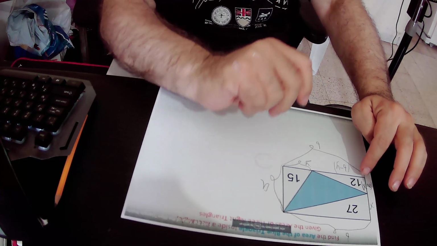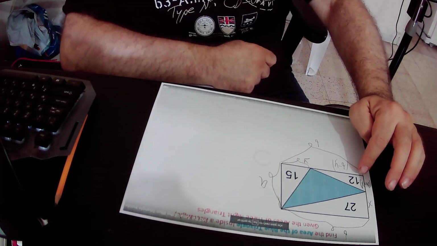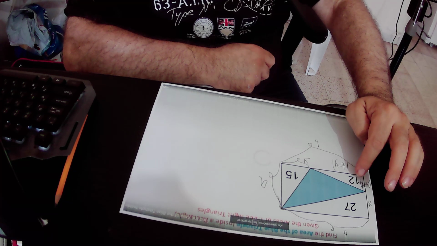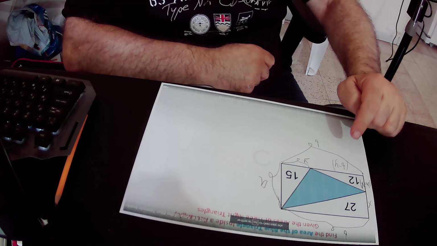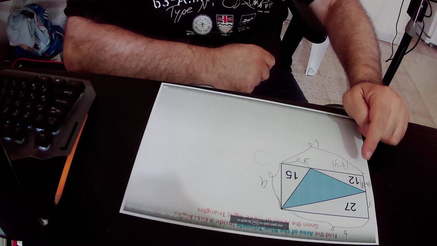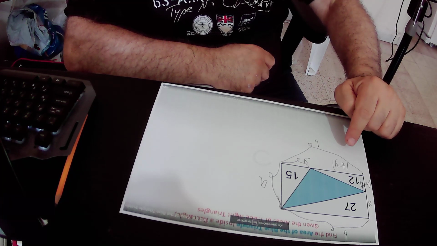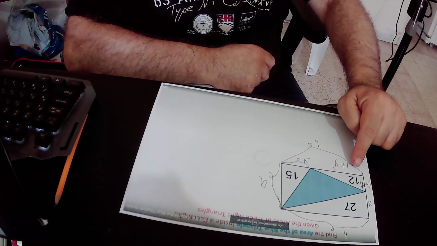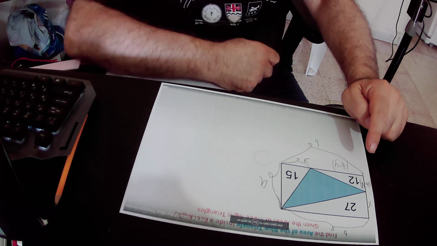And the third equation was for the area of this right triangle, the base times the height divided by 2, or b minus y times a minus x divided by 2 equals 12.